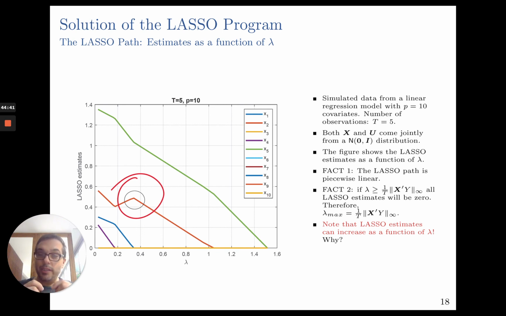But one specific coefficient may grow, and this growth will be compensated by a decrease in another coefficient in such a way that the L1 norm is minimized. We're going to see more about that later.